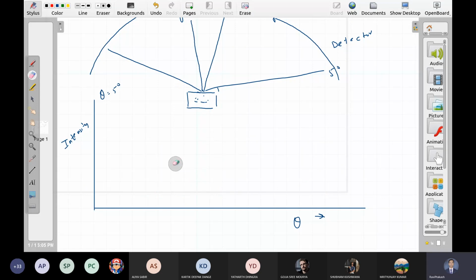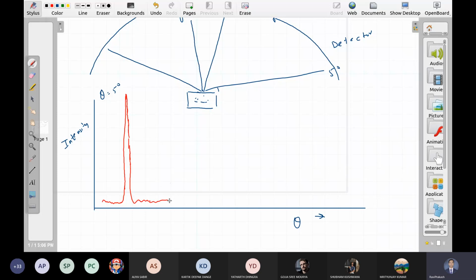What kind of graph do we see? Something like this. Almost zero intensity. Then at some angle, suddenly the intensity increases and goes to a really high value. Then it very rapidly comes down again. Then it becomes zero again.